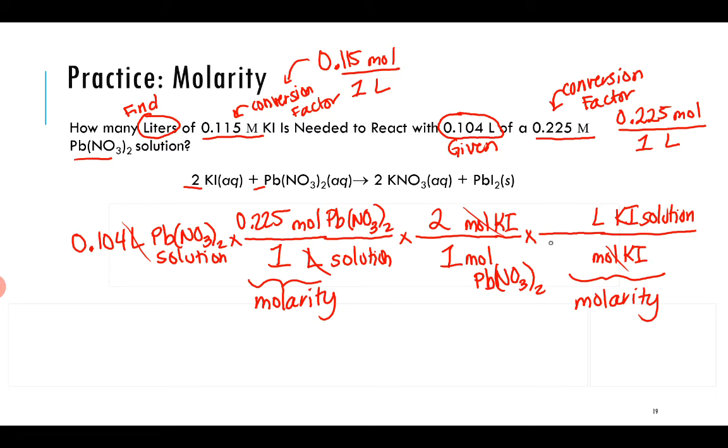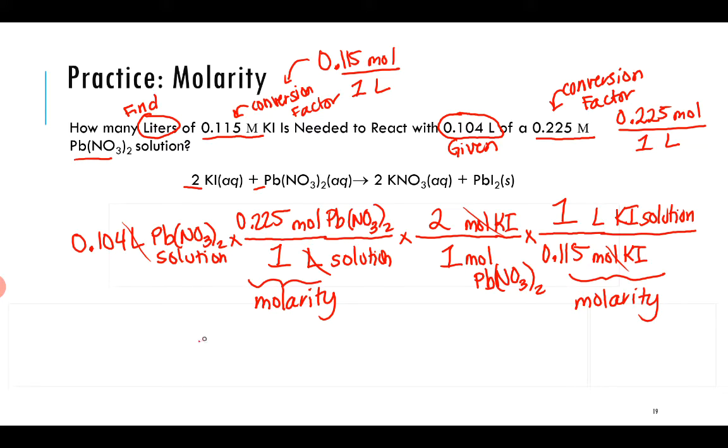And so we have 0.115 moles of potassium iodide solution per 1 liter. Let's go ahead and type that into the calculator. 104 times 0.225 divided by 1 times 2 divided by 1 times 1 divided by 0.115.